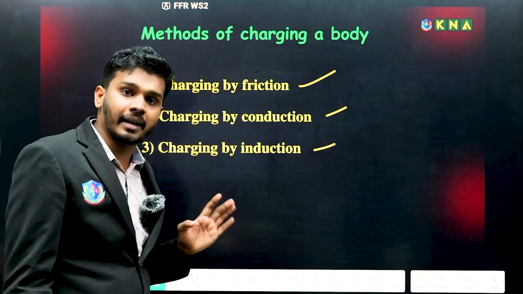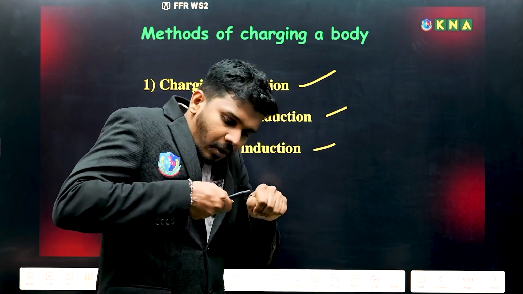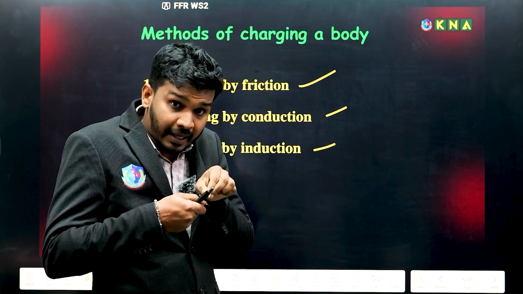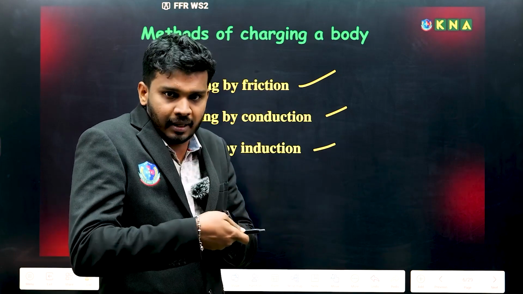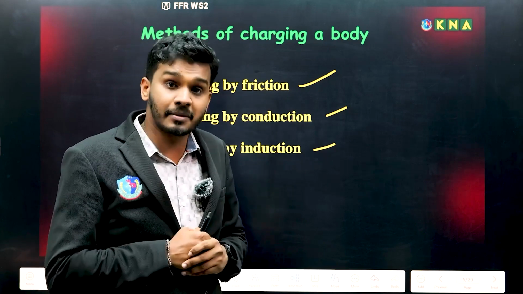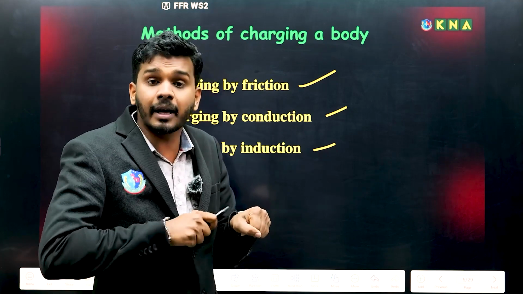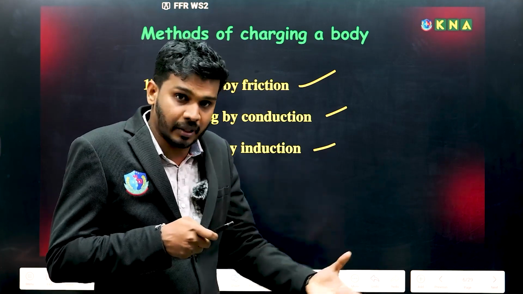What is charging by conduction? Charging by conduction means that through direct contact, charge is passed from a conductor to another body. Charging by rubbing is only for insulators, where by rubbing, charge can pass from one point to another.